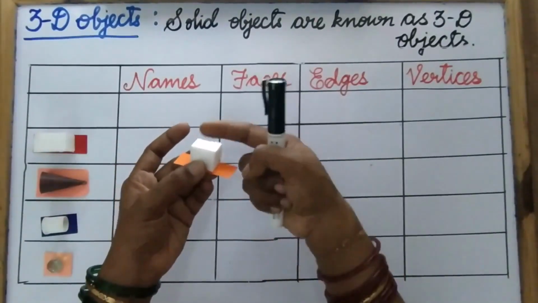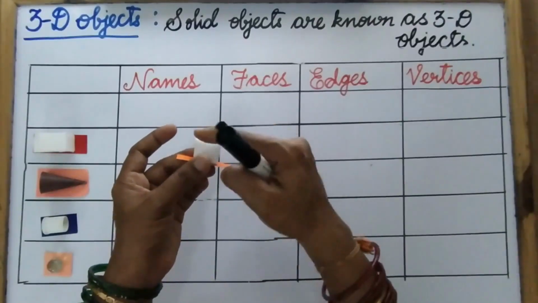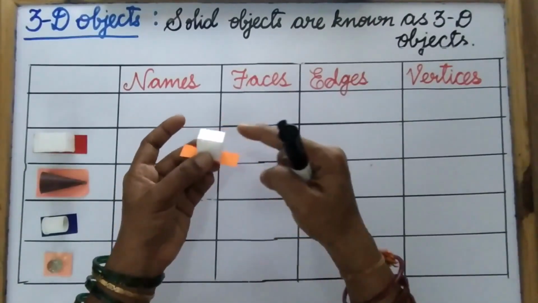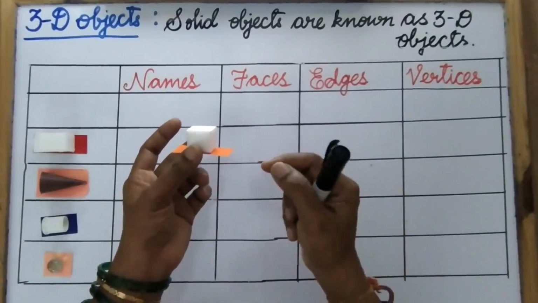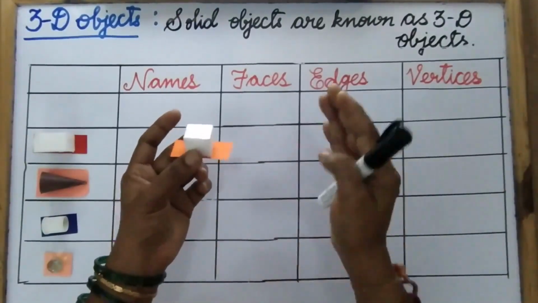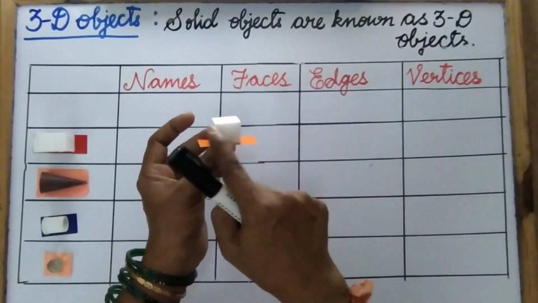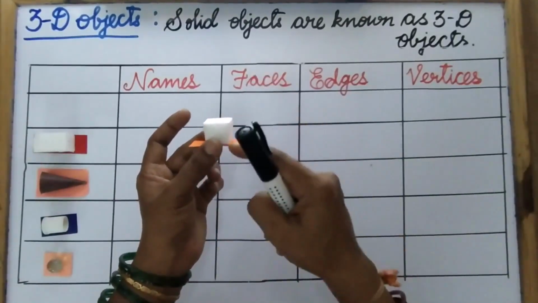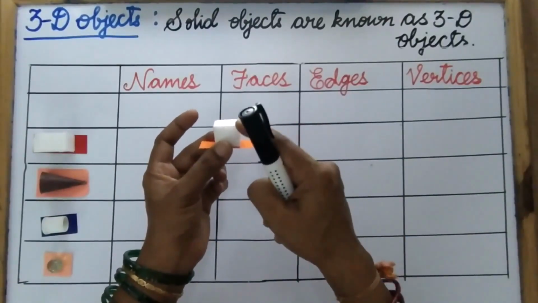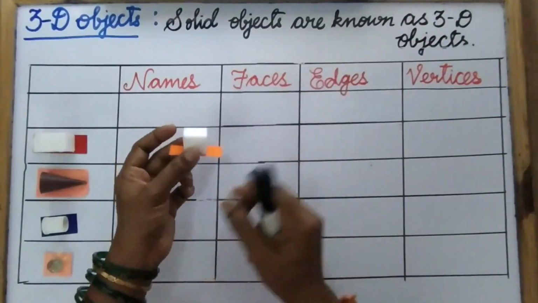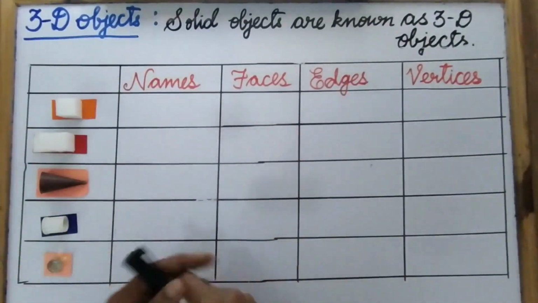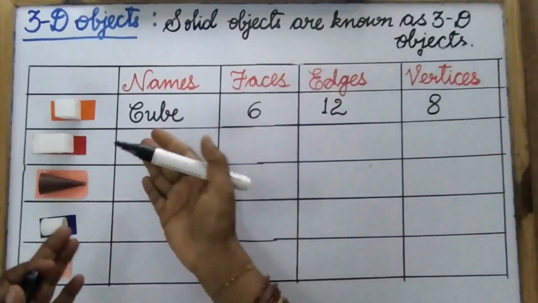Where 2 faces meet and join, this is called an edge. Okay, these are all edges. How many edges? 12 edges. We know very well. Vertices: when these edges meet, they make vertices. So how many vertices? Yes, exactly. It has 8 vertices.